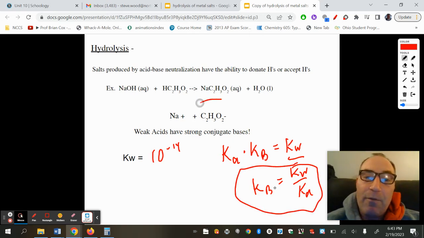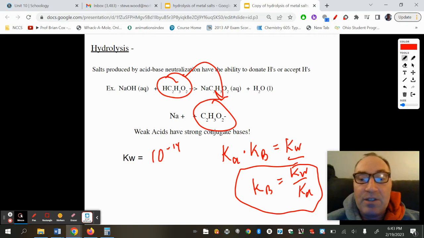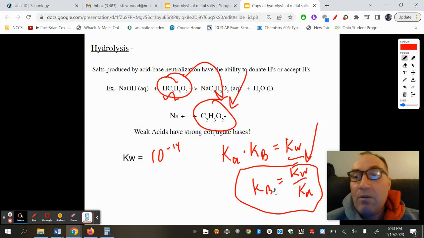If I know the Ka for this acid, the Kb for its conjugate base is just Kw divided by Ka. There's an appendix in the back of your book, Appendix D, that has all the Kas listed, and you can look that up. Then to find the Kb of its conjugate base, you just use this formula, which I'll show you in a second.